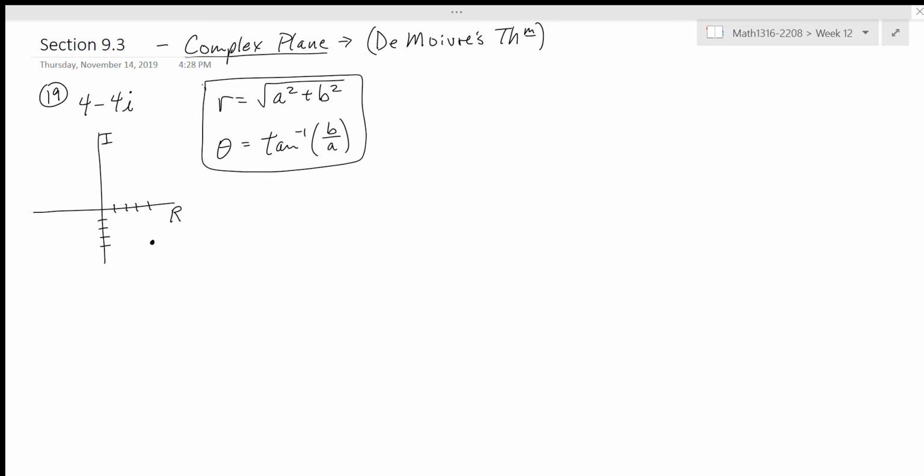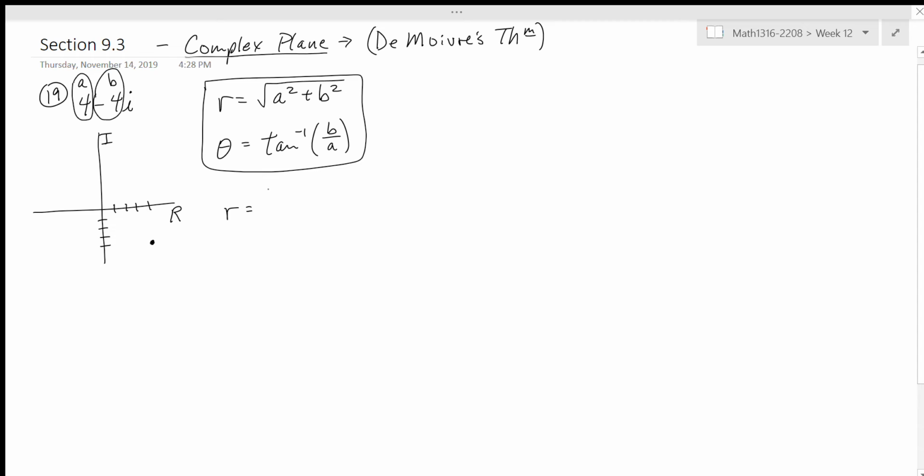And again, if you remember from your college algebra, the a and the b, that comes from your standard form. So the 4 is the a, and the negative 4 is the b. So far, so good? Okay, now let's calculate the radius.